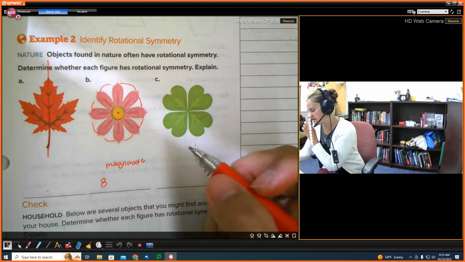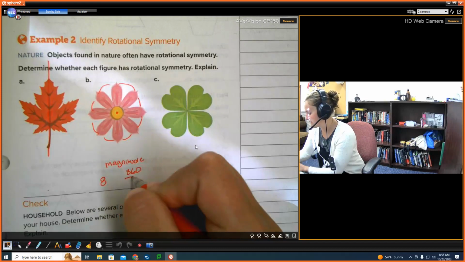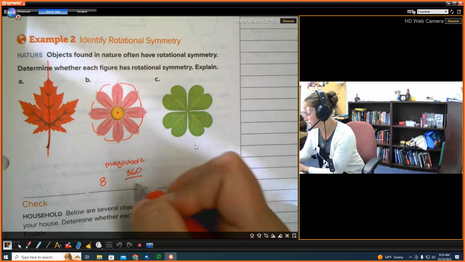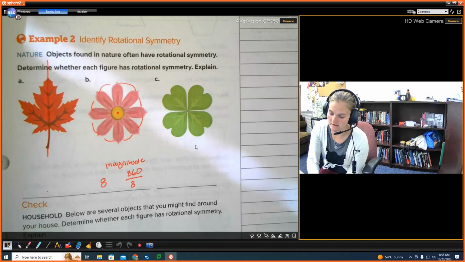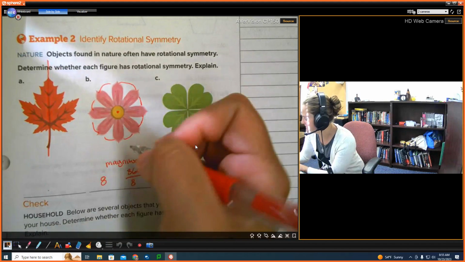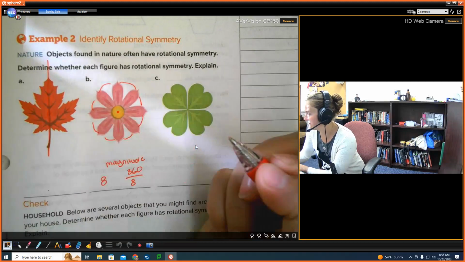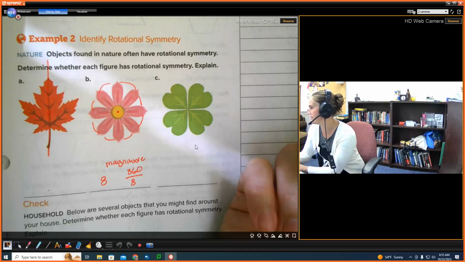Magnitude is degrees, so 360 degrees divided by the order. So 360 divided by 8 is 45. So it has an order of 8 and a magnitude of 45 degrees. So every 45 degrees that you rotate it, it will be identical.